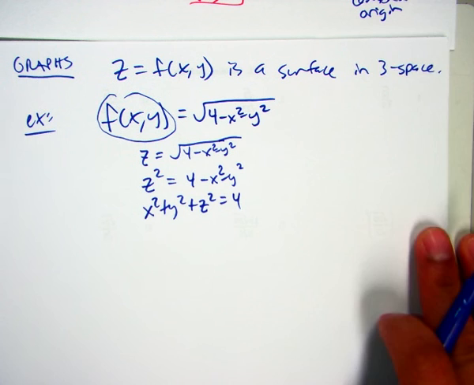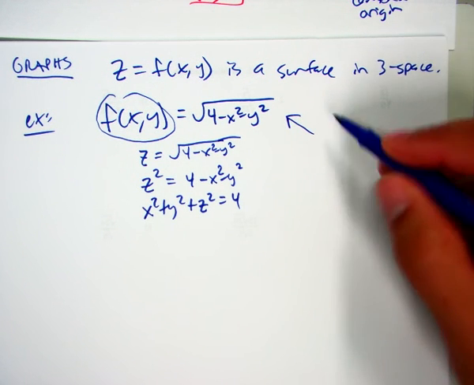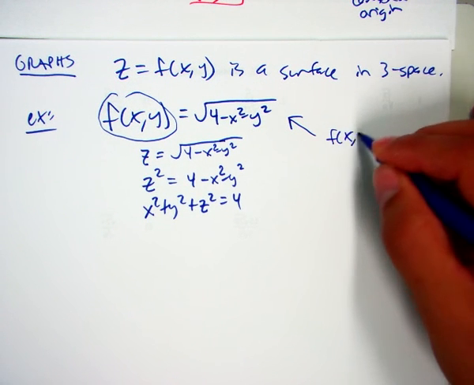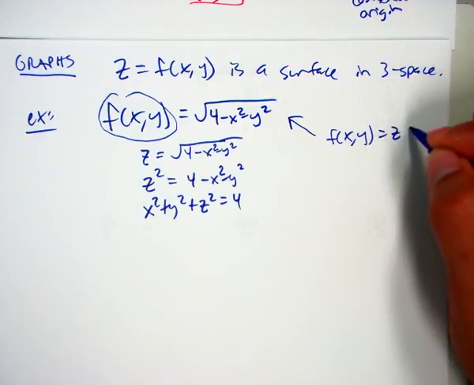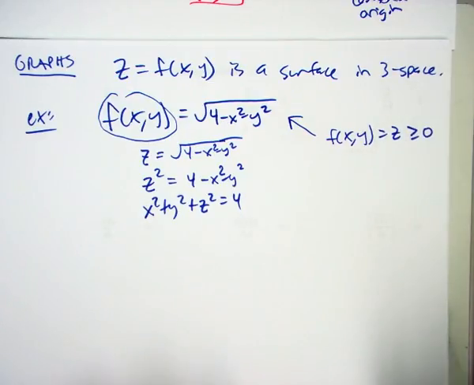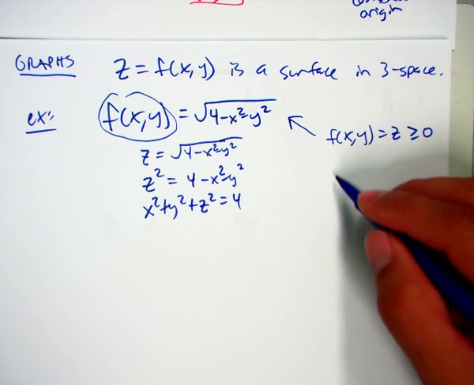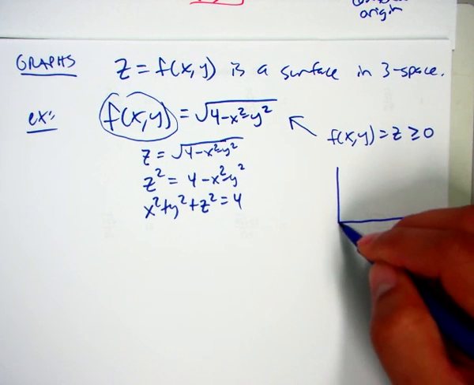However, taking a look at the original function, we know that f of x, y has to be greater or equal to 0 by default, right? So it's not the whole sphere, it's actually just going to be a hemisphere, the top half, right?